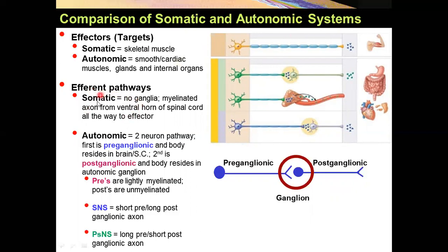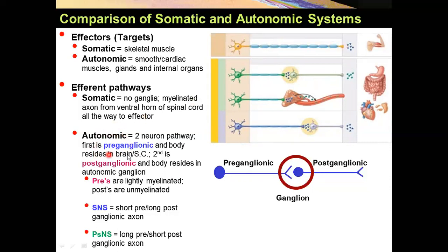For the somatic nervous system, there are no ganglia, and the somatic motor neurons are heavily myelinated, and they extend from the ventral horn of the spinal cord to their effectors for the spinal nerves, and from motor nuclei of the brainstem to the effectors for the cranial nerves.